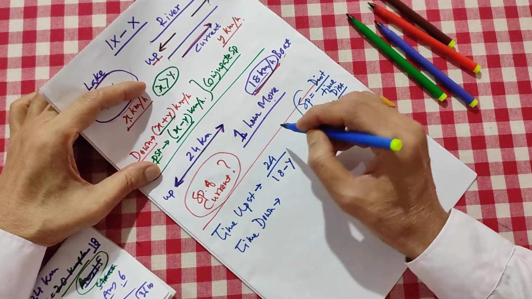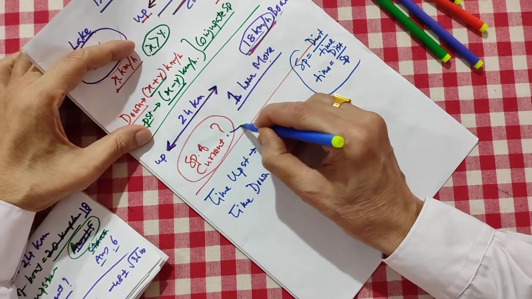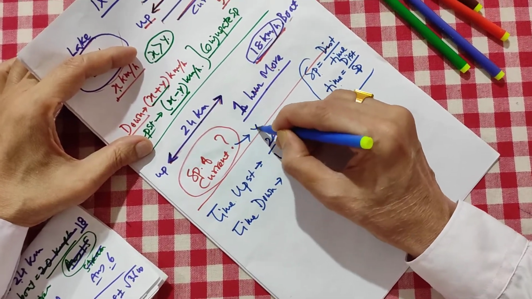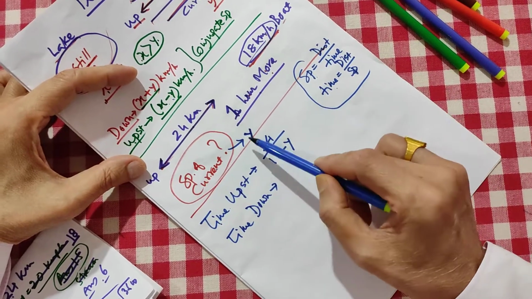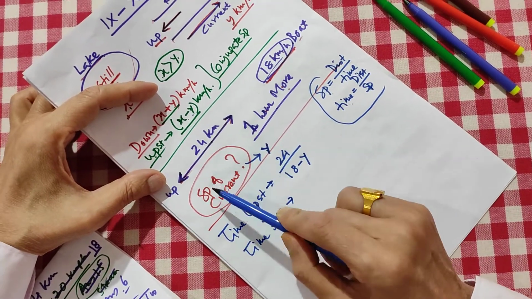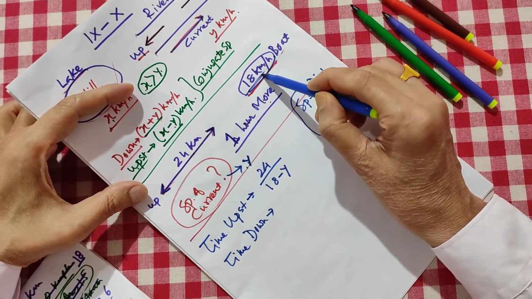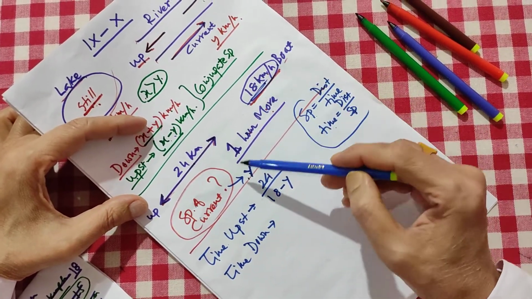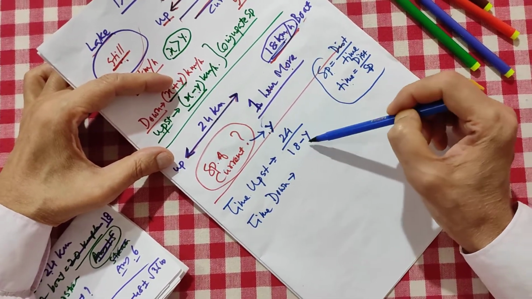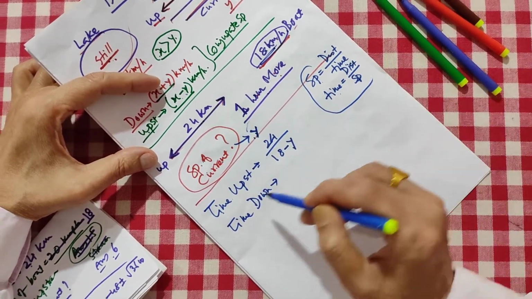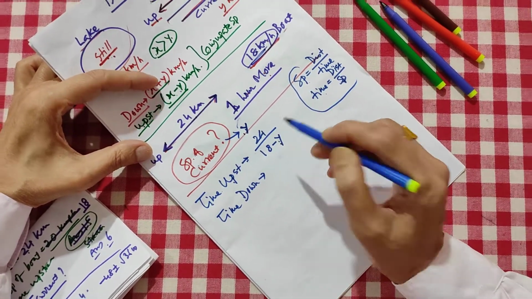We have taken y here. Y is the speed of the current we have to find out. So let the speed of the current which you have to find out be y. Now speed of the boat is 18. Therefore upstream speed will be 18 minus y, isn't it? And therefore time taken upstream will be distance by speed, 24 by 18 minus y.